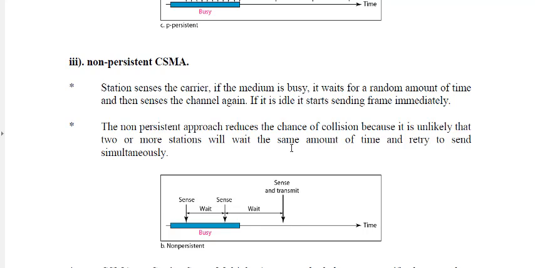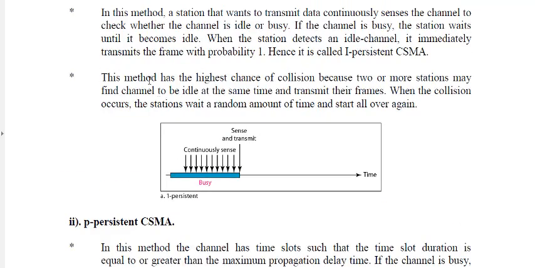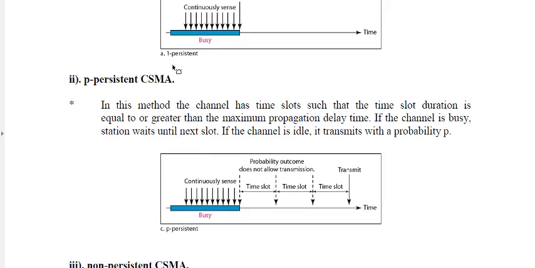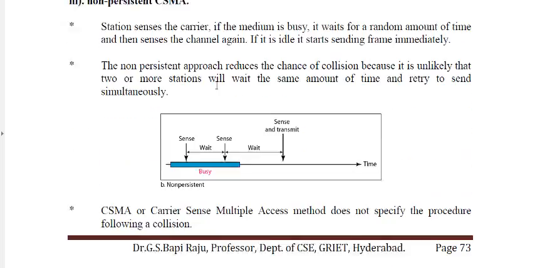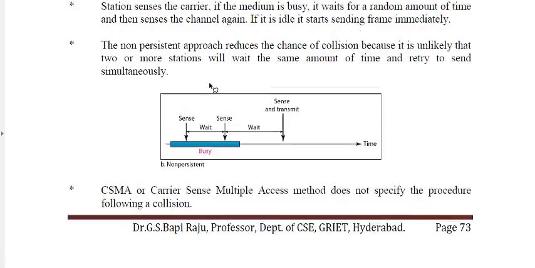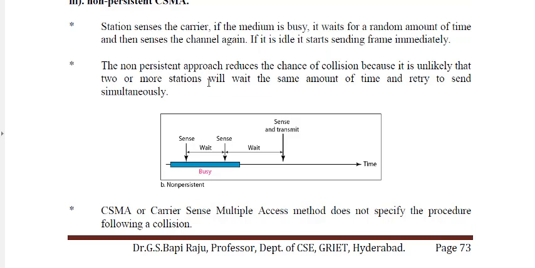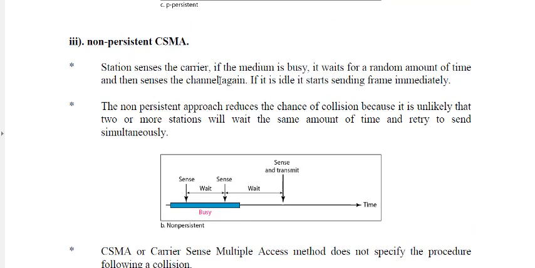If it is busy, it goes back. So the only difference is that there is no continuous sensing. In the other two cases, both are persistent because they continuously monitor the channel, whether busy or idle. Those are one-persistence, P-persistence, and non-persistence, the three strategies or schemes in carrier sense multiple access.